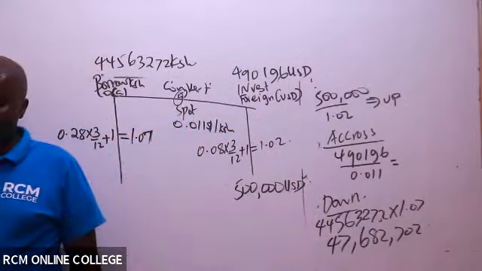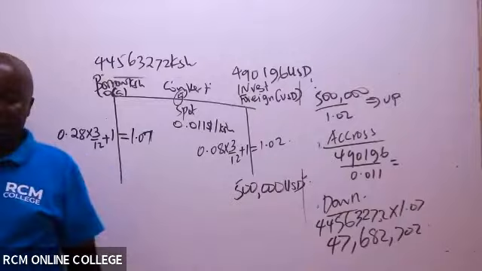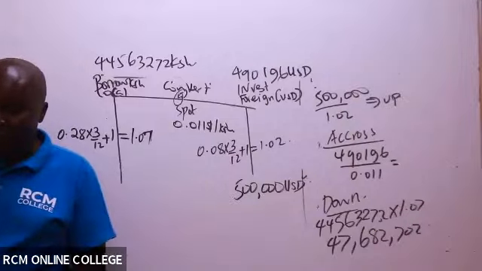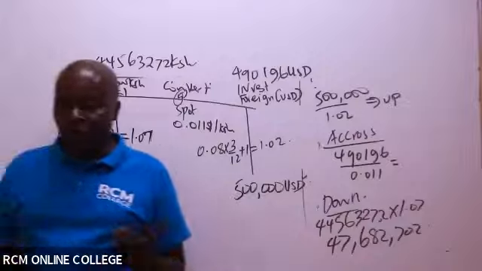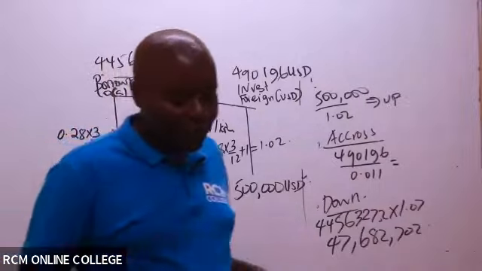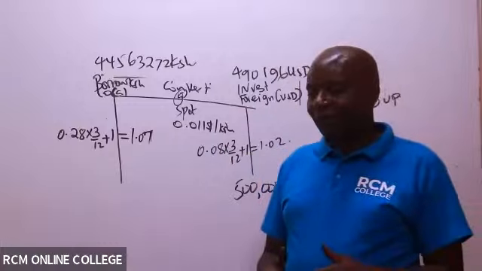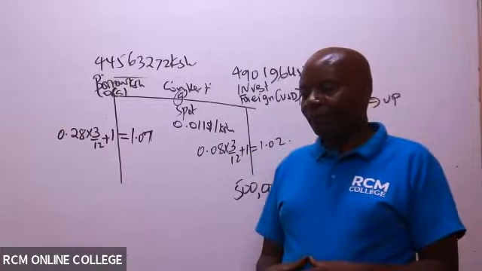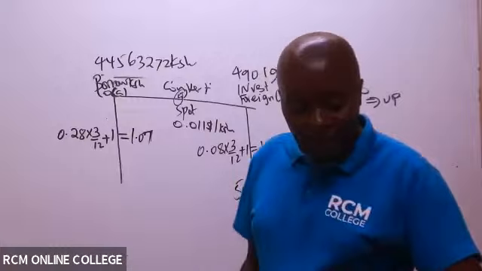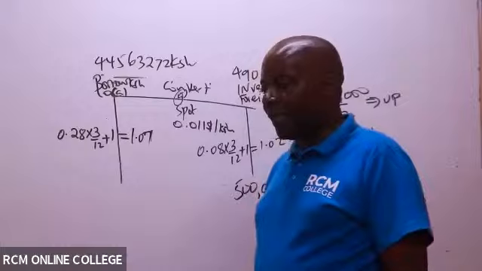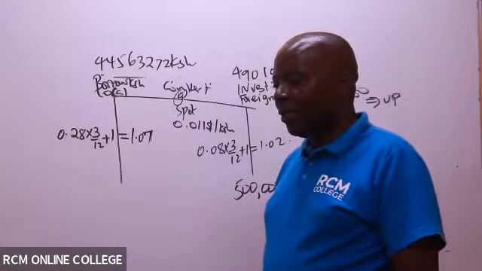And that's the final answer. Someone has gotten it. Yeah, 702 or 701, isn't it? 702, 701. You are children of the same mother. All right. 47,682,701, 702.